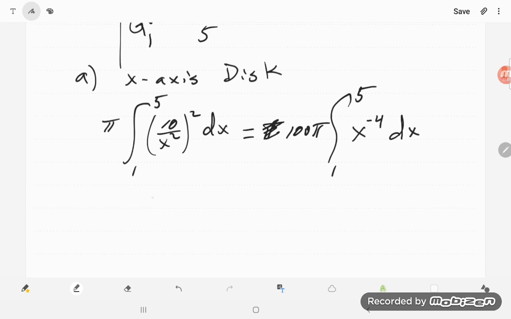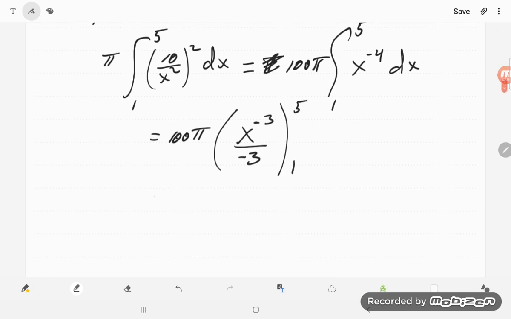So this is equal to 100 pi times x to the negative 3 over negative 3. Remember to add 1.